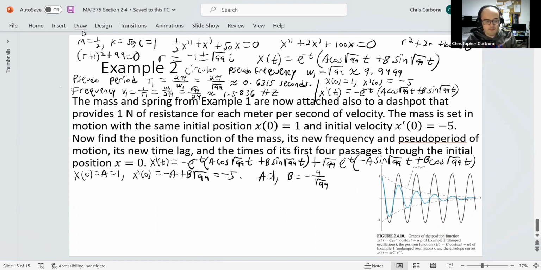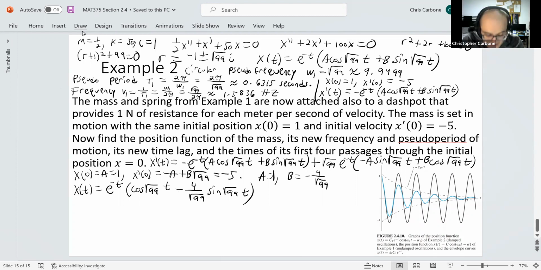So we can simplify our position function a bit. x of t is e to the negative t times the cosine of the square root of 99t minus 4 over the square root of 99 times the sine of the square root of 99t.